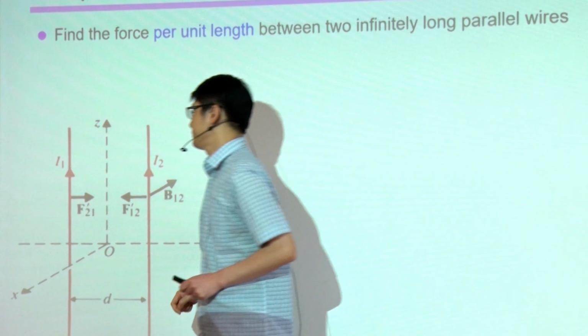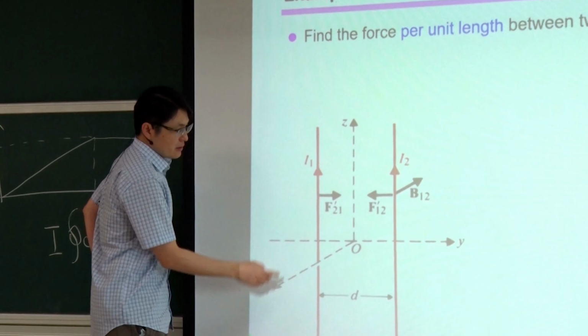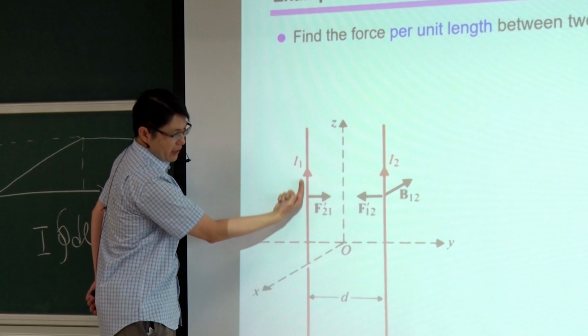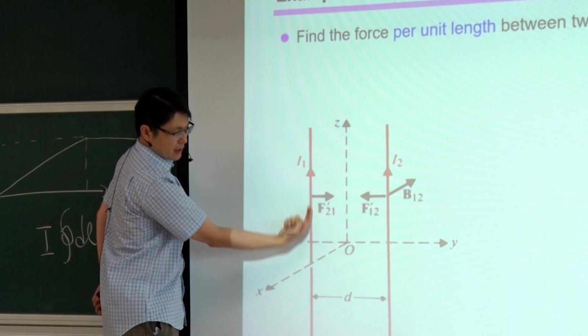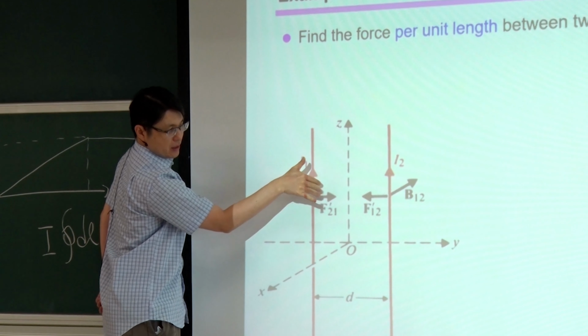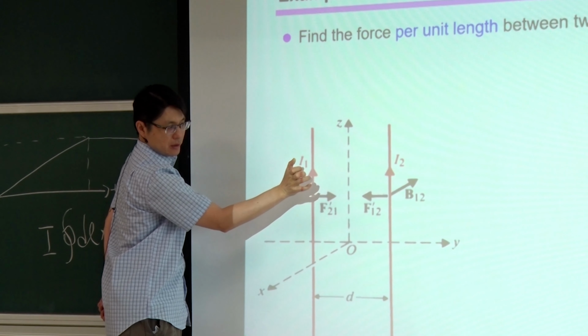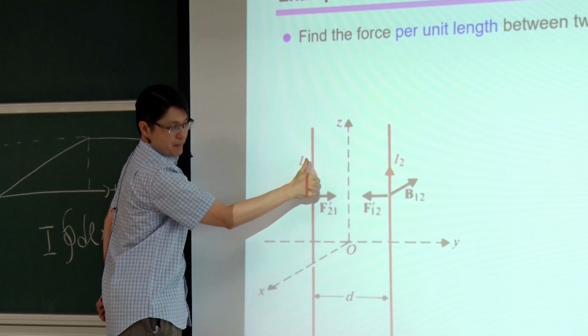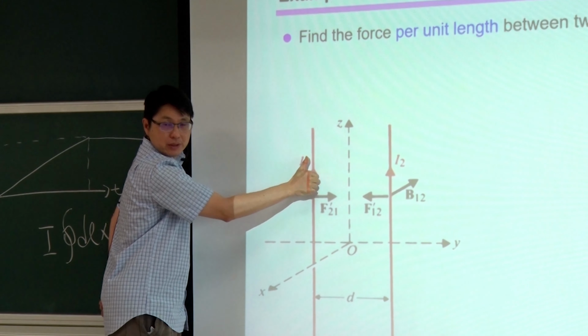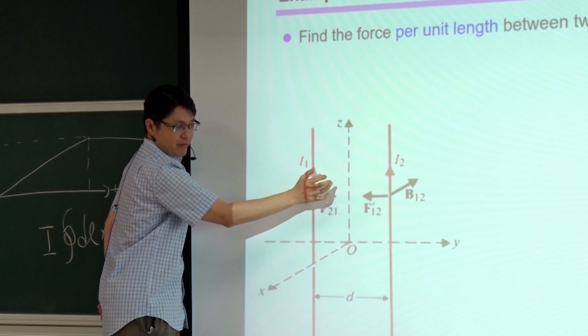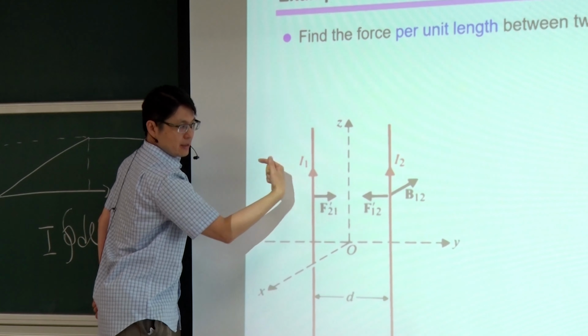At the same time, the first wire is also having the current going upwards, and therefore you use your right-hand rule. The thumb points in the direction of the current, so your magnetic field lines are circulating in this way.